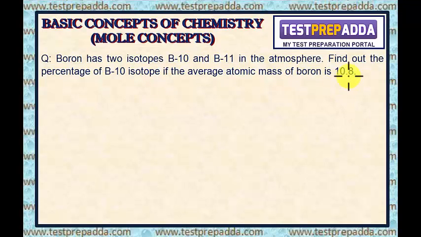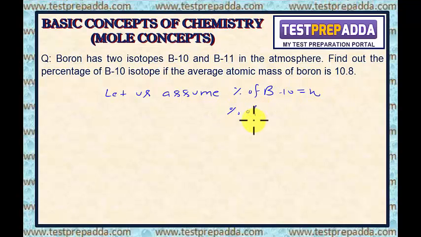In this case, the average atomic mass is given and the percentage has been asked. So let us assume the percentage of B10 as x. Obviously the percentage of B11 will be 100 minus x.